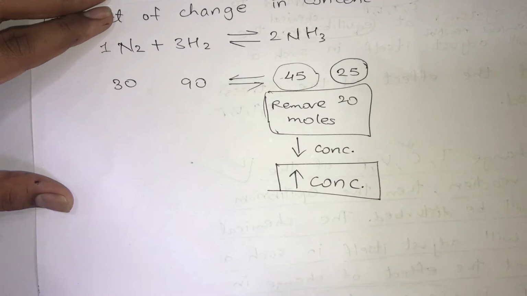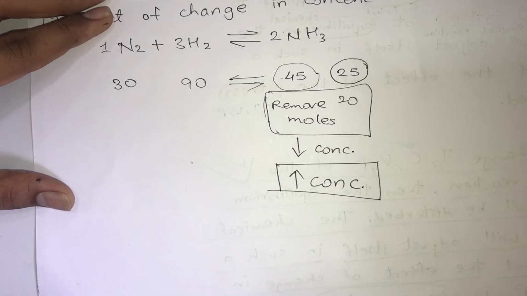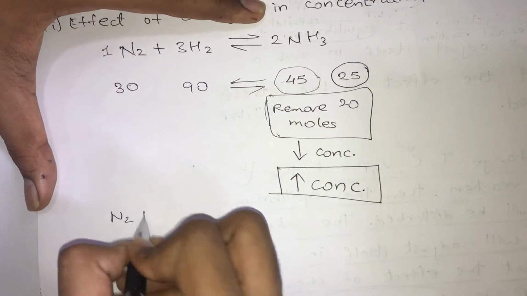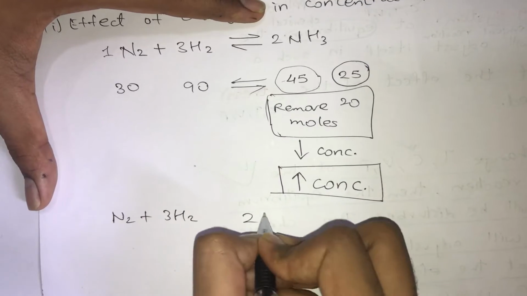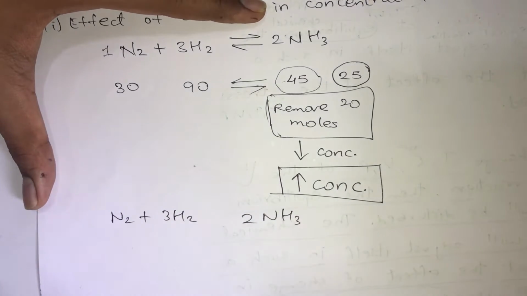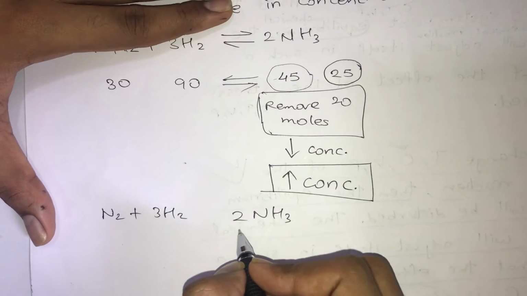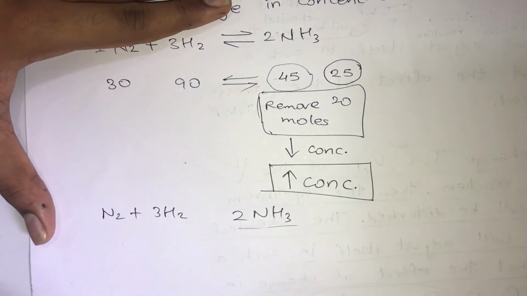But how is it going to increase the concentration on the right hand side? That is the question. Let me consider this reaction: N2 plus 3H2 gives 2NH3. Very easy question for you all. When is the concentration of products going to increase?